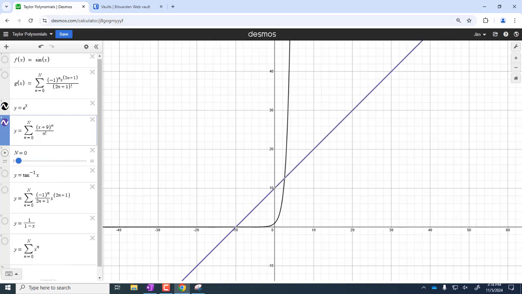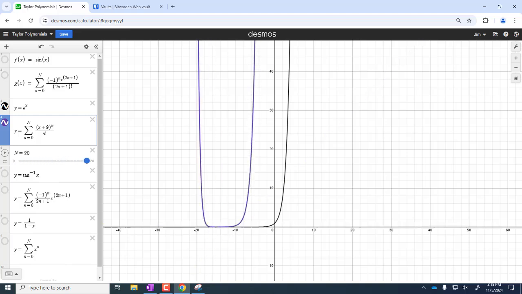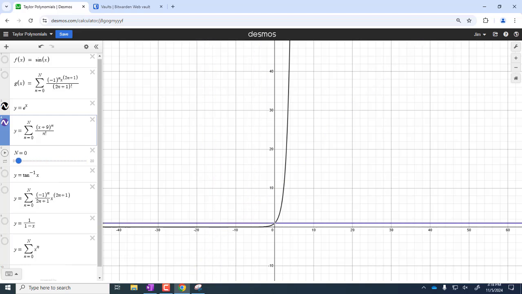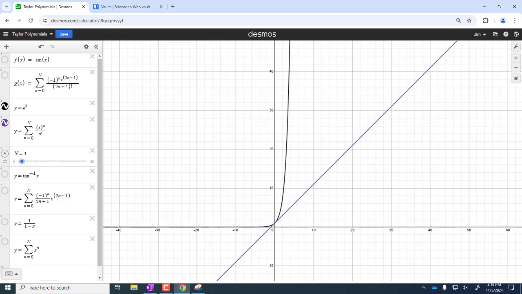I feel like I goofed up my shift somehow. Because if -9 is the center, I didn't build it right. But you get the idea though. If you made the center -9 and created the proper coefficients, it would match over near -9.